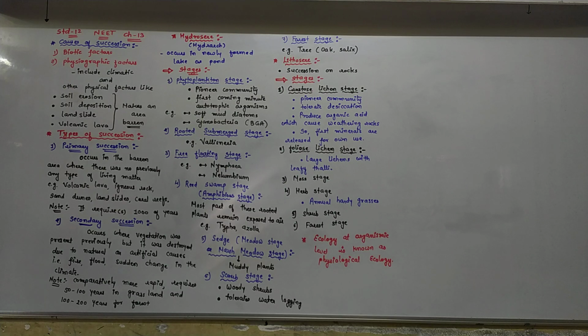Now the extra points. Ecology at organismic level. Ecology at organismic level is known as physiological ecology.